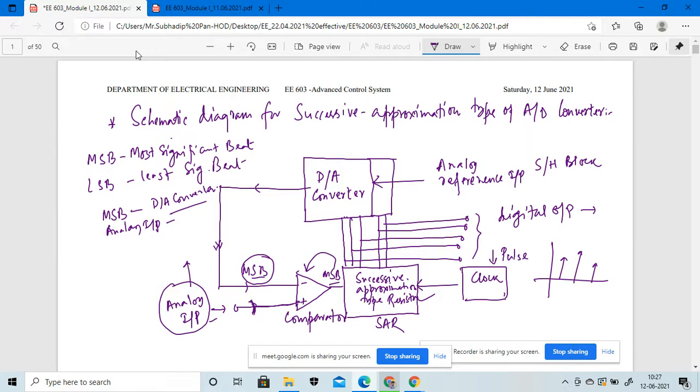The error should actually be that the analog to digital converter differs from the ideal converter. Whenever the D2A converter is ideal, there will be no input signals coming from the sample and hold circuit. Whenever this particular converter is in an ideal condition, there will be no input across this D2A converter.